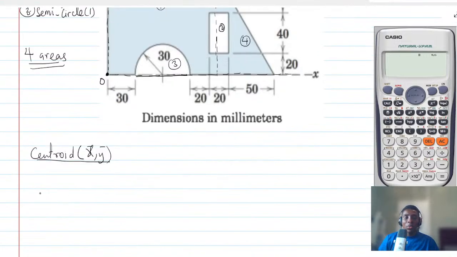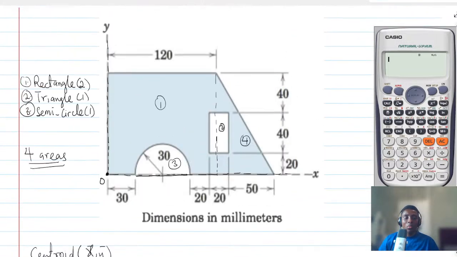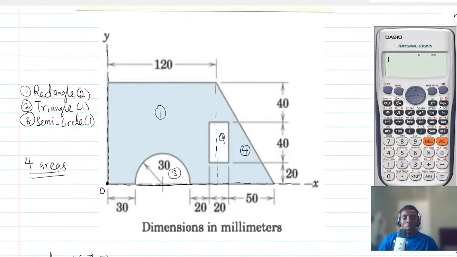First of all, let's start with the rectangle. So let's find the x bar for the rectangle. Now, when we say x bar, it means that you start from the origin and move to halfway of the area. Okay. So start from the origin and move to halfway of the area.